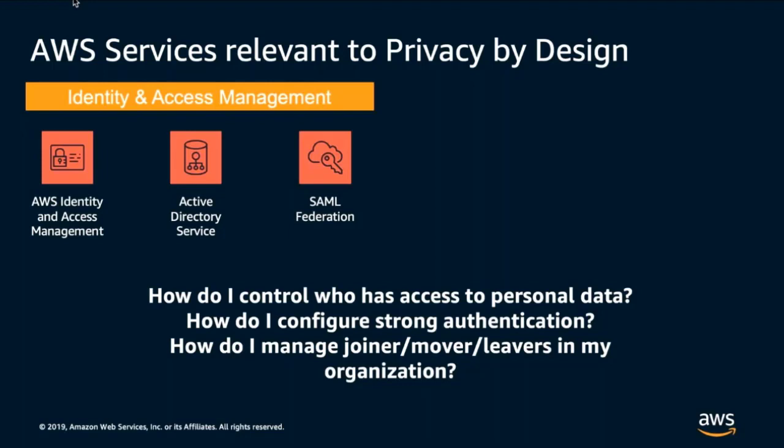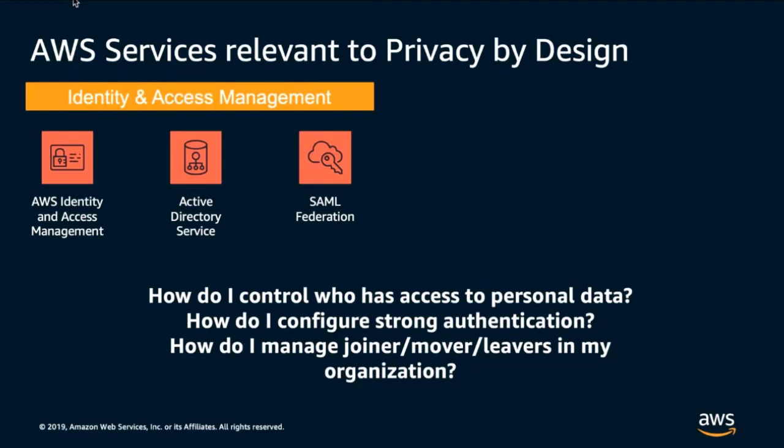So the AWS IAM service, Identity and Access Management, is the bedrock of how we control access to cloud resources. This is the service which controls who has the ability to create resources, alter resources, or delete resources, things like S3 buckets, databases, and so on, within the AWS environment.